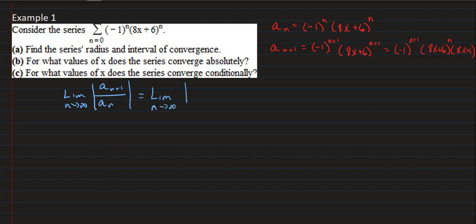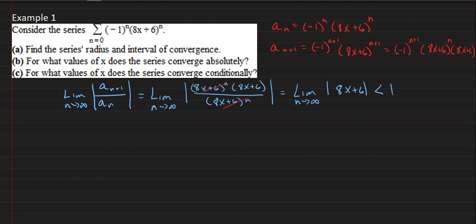So I'm looking at the n plus 1 term divided by the a sub n term, and these terms are going to cancel out, leaving us the limit as n approaches infinity of absolute value of 8x plus 6 is less than 1, because that's where this series is going to converge absolutely. Notice there's no n left here. What's the limit as n goes to infinity of something that doesn't have an n in it? It's just that thing, right? So that means that this series is going to converge absolutely, provided that this inequality holds.